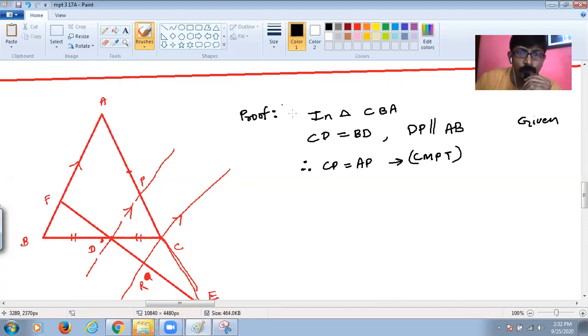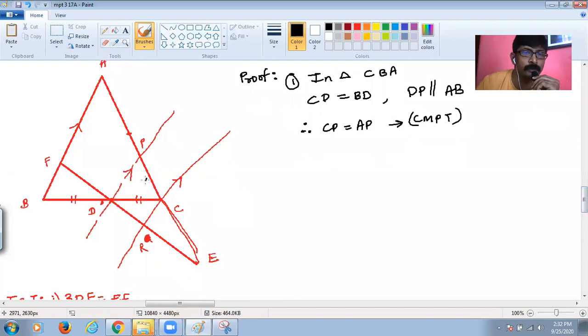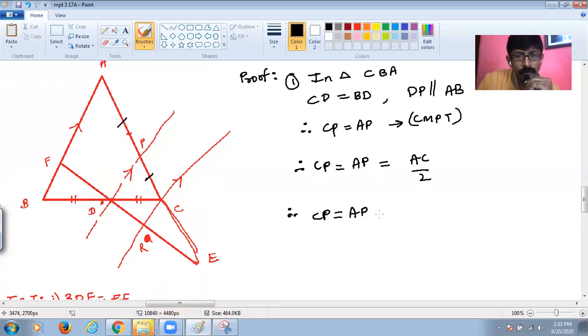This is part 1. Now, once you get that this and this are equal, so इससे क्या मिलेगा? Therefore, okay, ये P है, some people will write D. So CP is equal to AP, which implies this is AC upon 2. But AC upon 2 was CE also. So we got CP is equal to AP is equal to CE.